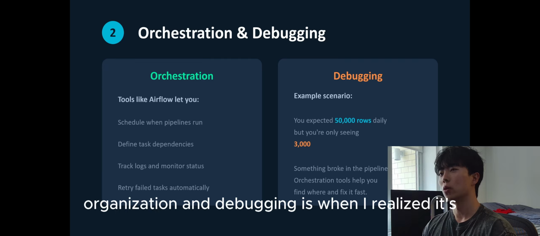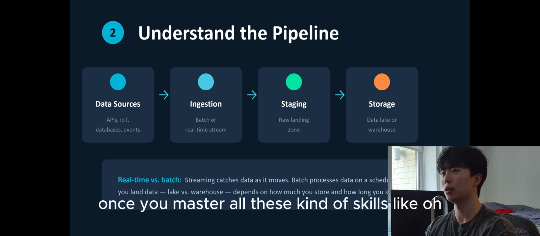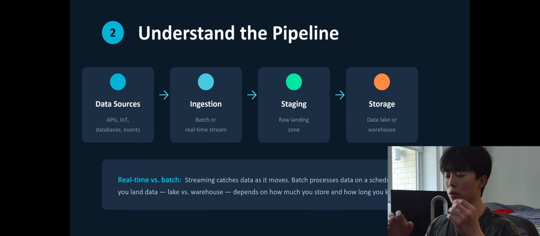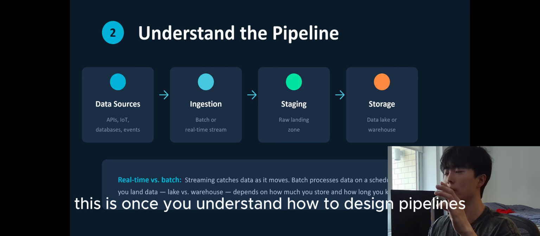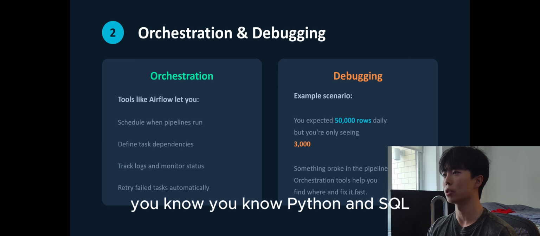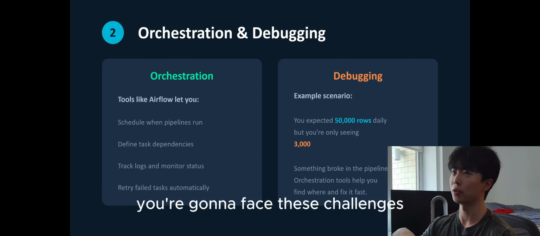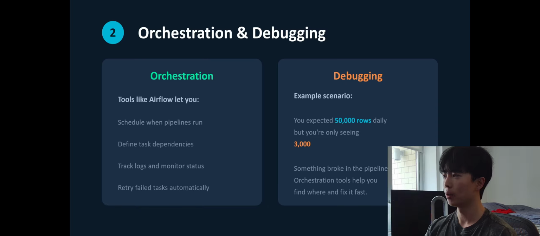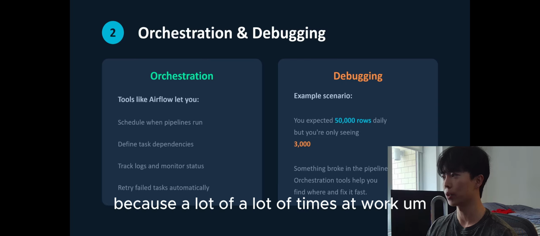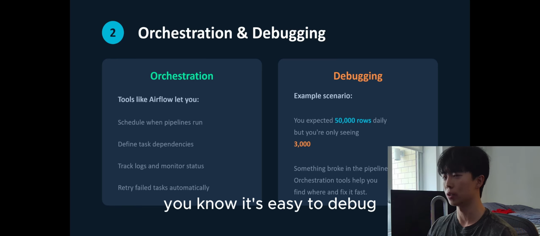And so orchestration and debugging is when I realized it's really important. Once you master all these skills, once you understand how to design pipelines, study cloud providers, and you know Python and SQL, you're going to face challenges like orchestration and debugging, because a lot of times at work, if you have Airflow, it's easy to debug.